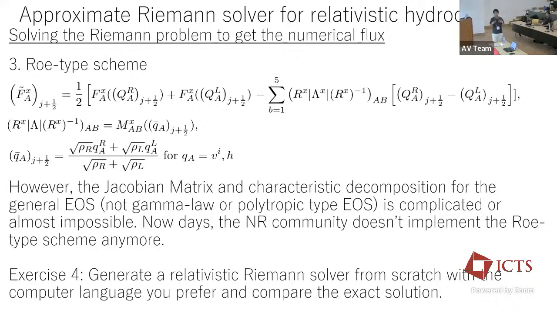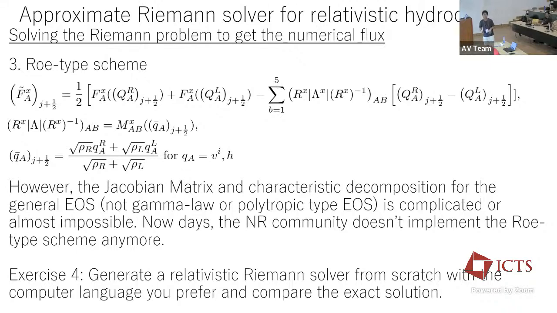You need to diagonalize the Jacobian matrix to get the eigenvalues lambda, the right eigenvectors and the left eigenvectors, as we learned in the lectures two days ago. But in the general relativity case, this decomposition becomes super messy. In particular, in the general case, which is not a gamma-law or polytropic equation of state but a tabulated equation of state, it is almost impossible to do the decomposition.